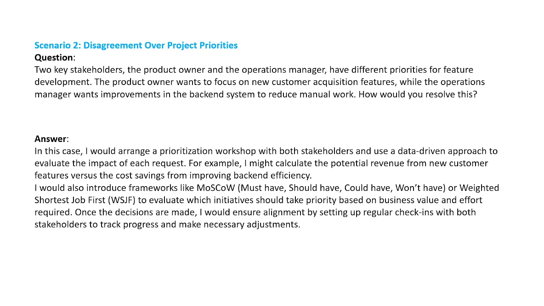I would also introduce frameworks like MoSCoW, must have, should have, could have, and won't have, or weighted shortest job first, to evaluate which initiatives should take priority based on business value and effort required. Once the decisions are made, I would ensure alignment by setting up regular check-ins with both stakeholders to track progress and make necessary adjustments.